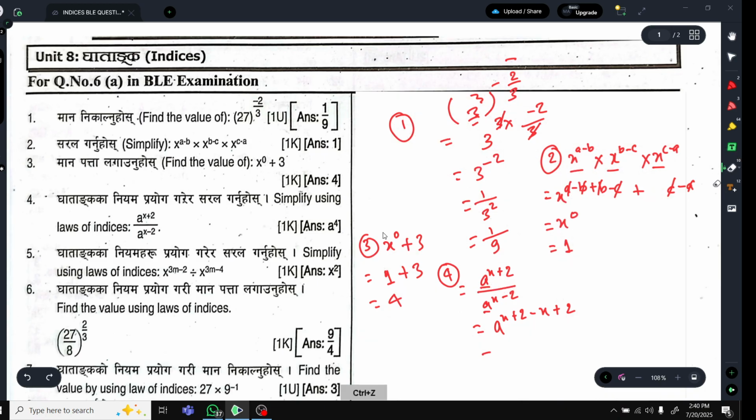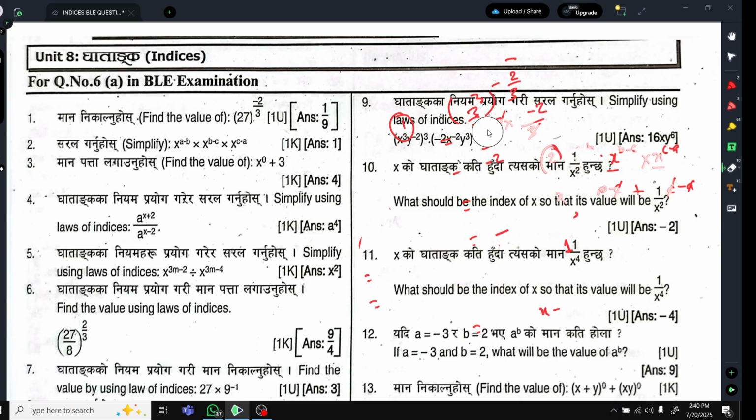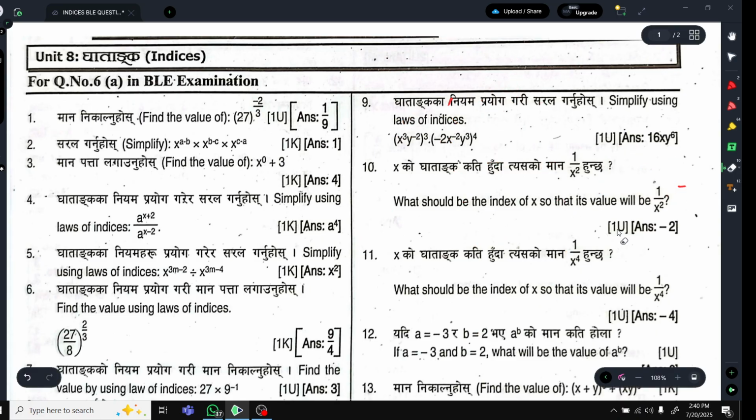Okay. Coming to another question, what do we see? Question number 5. In question number 5, simplify using the laws of indices: x to the power 3m minus 2 divided by x to the power 3m minus 4.